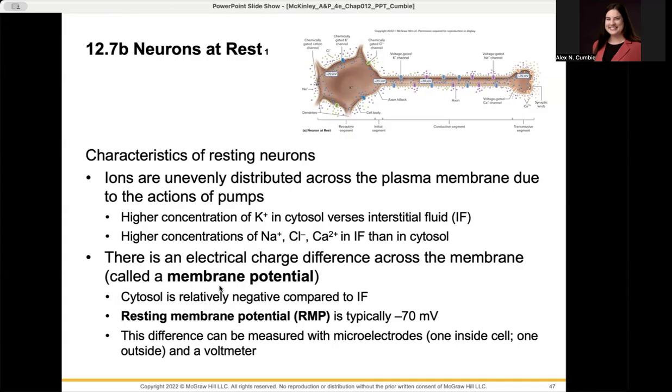And again, we have membrane potential, which is just the charges across this membrane. And again, we're going to be starting at this receptive segment here where we are going to receive a chemical signal in the form of a neurotransmitter, which is going to open and close all these different channels, creating a different charge, where we're going to leave that resting membrane potential and then see if we do an action or not.